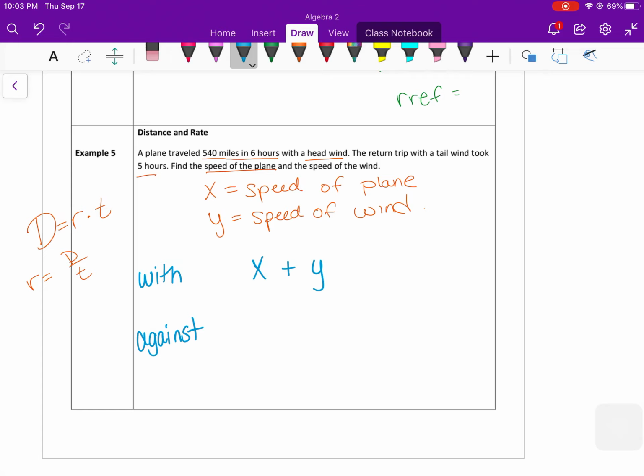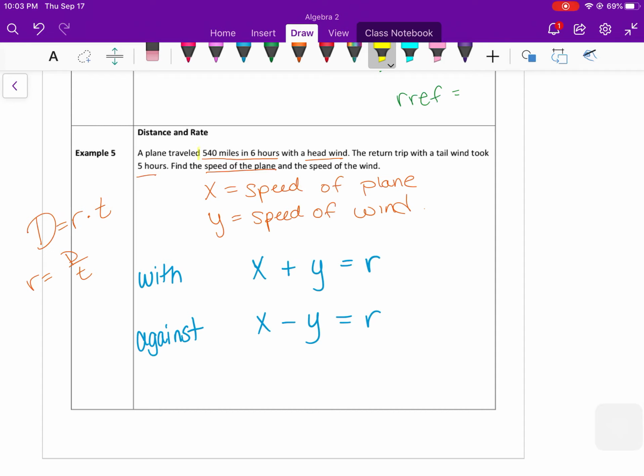So the wind speed is adding to the speed of the plane. It's like if you were biking, the wind would make you go faster. And then you want that to equal the rate of however fast it took. Then against the wind, this time the wind speed is slowing down the speed of the plane, so it's minus, and that's going to equal the rate.